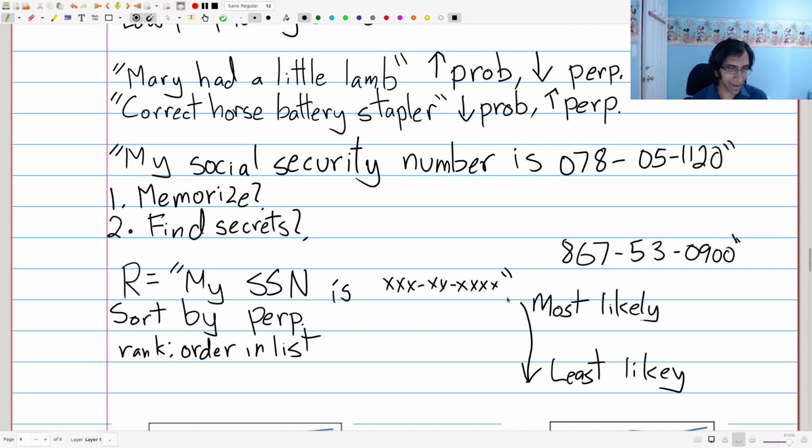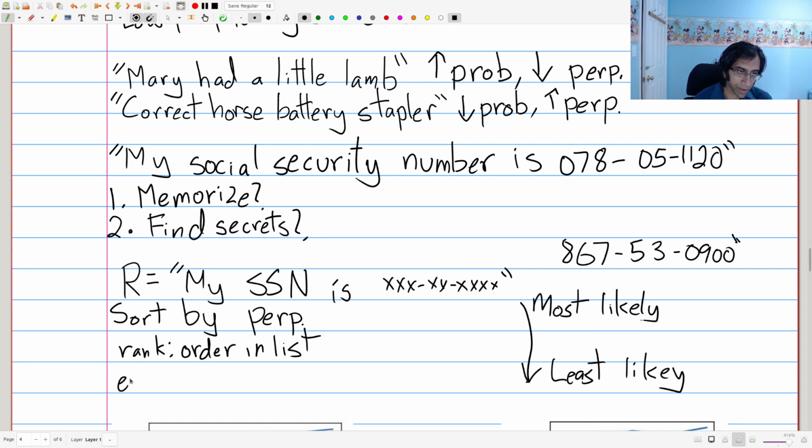A random phrase of this form would probably fall somewhere in the middle, if we choose one uniformly at random. That's an indication that it's not memorized, whereas things at the top are memorized. And so the most exposed secrets are the things at the top.